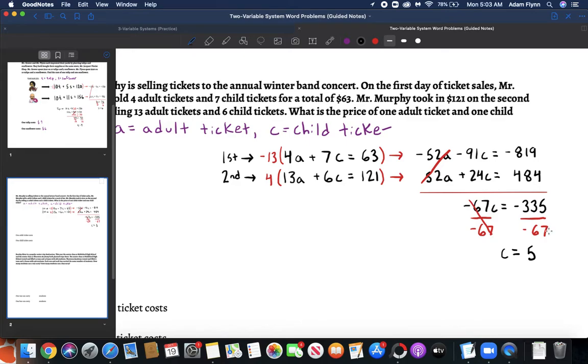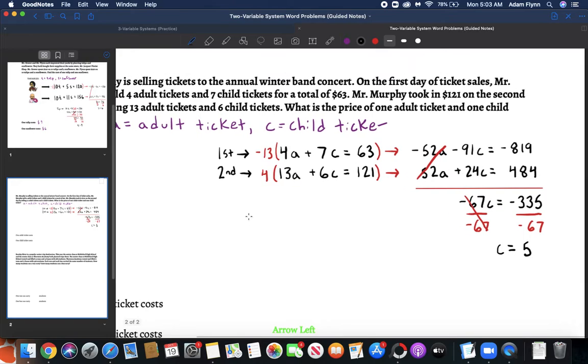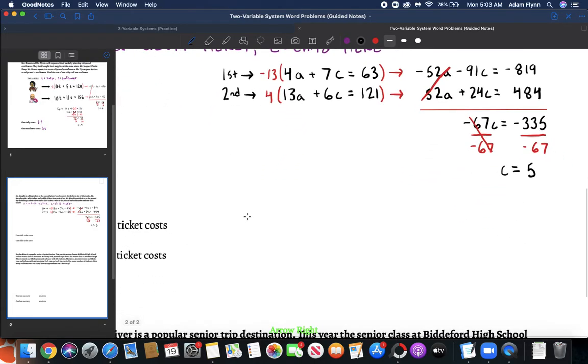Now we know that c equals 5, so we can pick one of our original two equations, plug 5 in for c, and solve for a. Let's use the top equation.